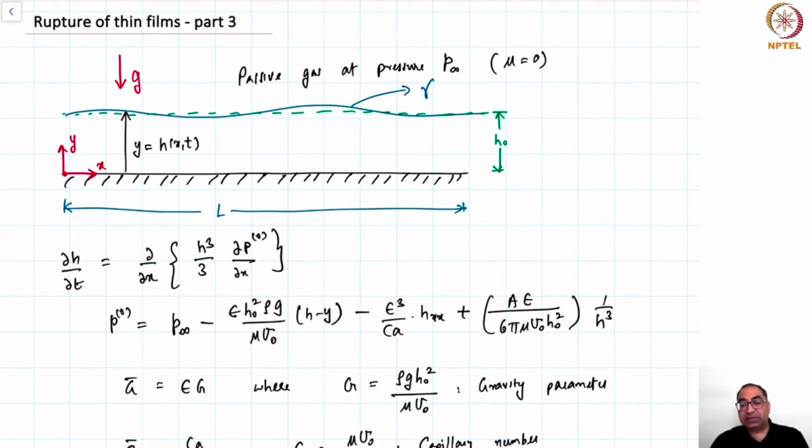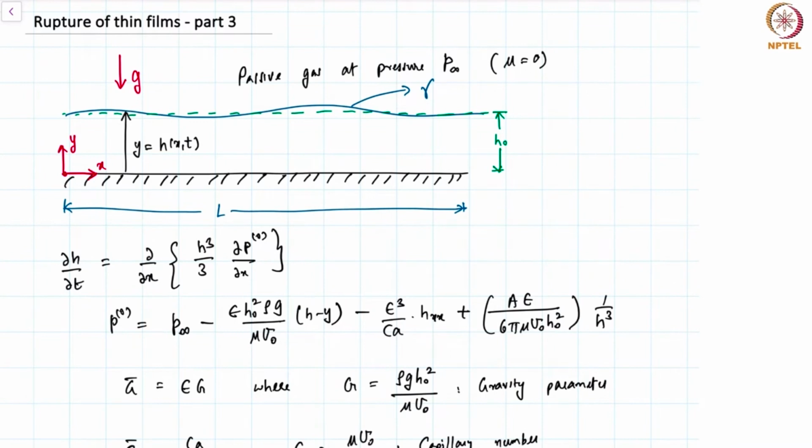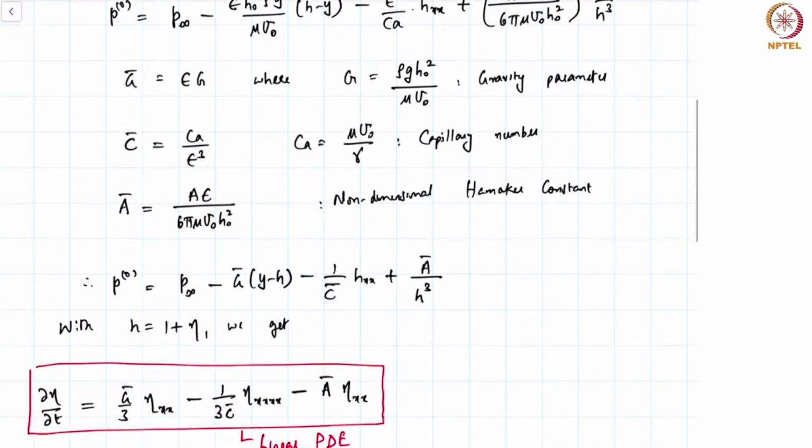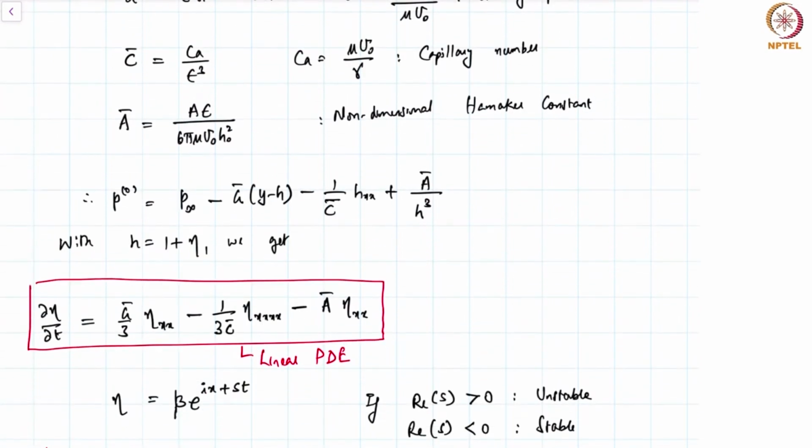We had not looked at the general case where all the forces were present, and that's exactly what we're going to do. So we'll begin by taking a quick look at the equations and the dispersion relation that we derived in the last lecture. The nonlinear form of the thin film equation for the height h is given here. If we say that at any point h is h naught plus eta, in non-dimensional form, then we get a simple linearized equation for eta.